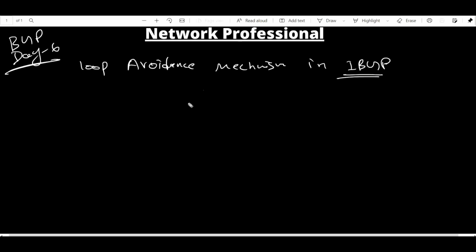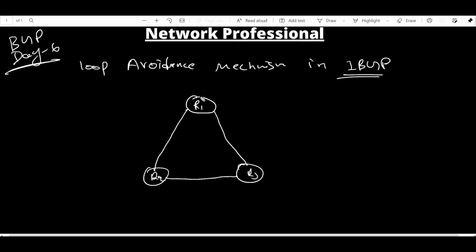If you remember IGP protocols, right? Let's suppose we have three routers, R1, R2 and R3, connected together, fine. And suppose here is one prefix, that is 10.1.1.0/24.